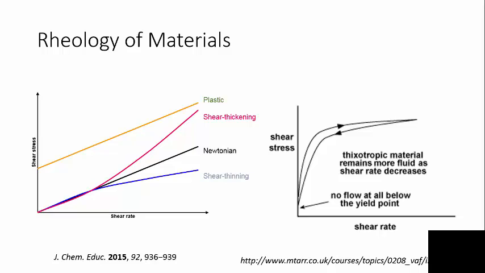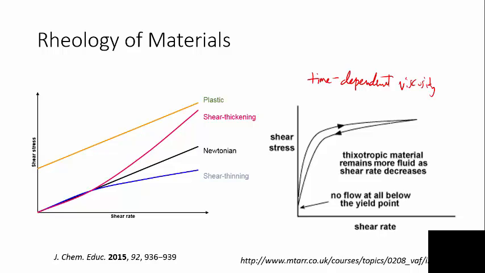So these are the time-independent viscosity behaviors. There can also be time-dependent viscosity. Here we've plotted a shear stress versus shear rate curve, and as we apply the shear, the faster the rate, the less the stress, so the viscosity is decreasing.